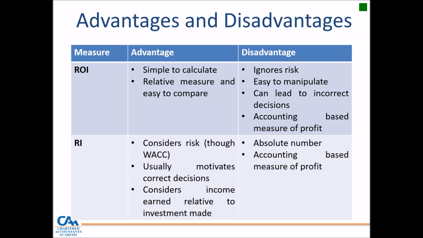But project A's return on investment might be lower than the division's return on investment or lower than the group's return on investment. So based on that, should I invest in a project which will result in a return on investment which is lower than the division's and the group's return on investment?